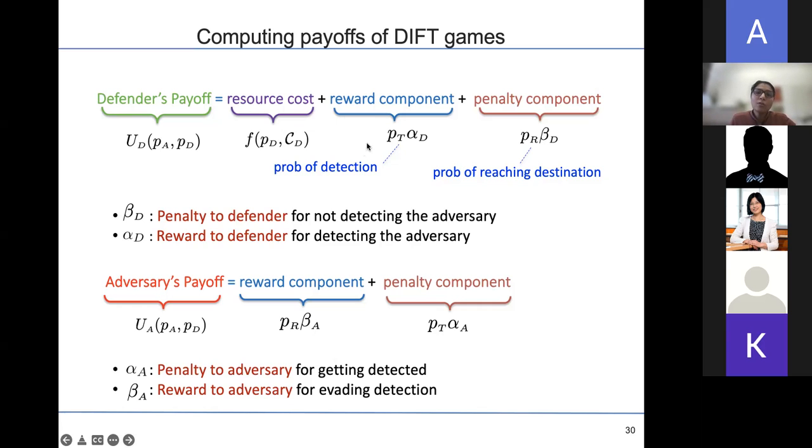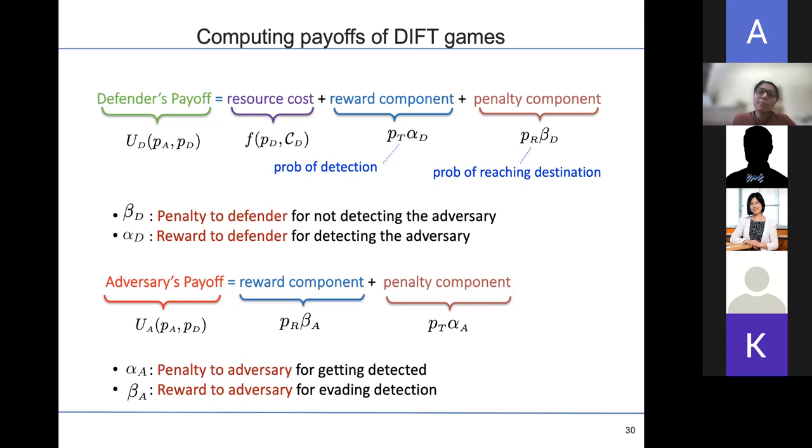Also note that here PT and PR are both functions of both PA and PD, because the probability that you will detect the attack not only depends upon the defender's decisions, but also on the adversary's decision, right? The adversary will have to reach that node for you to actually detect it.